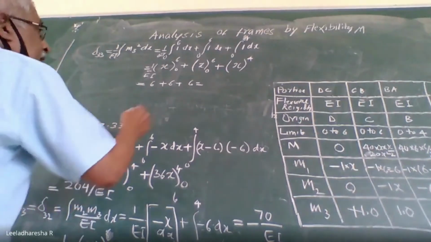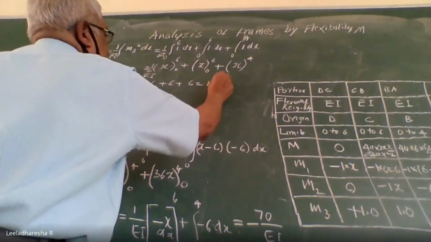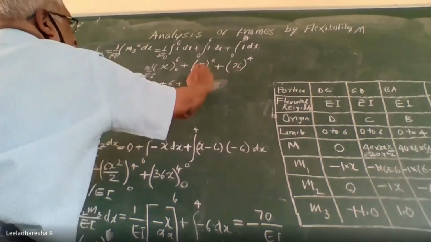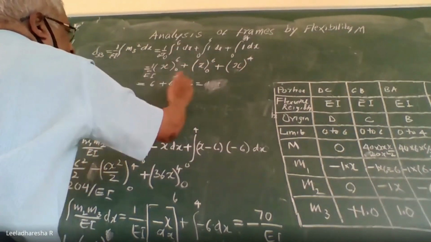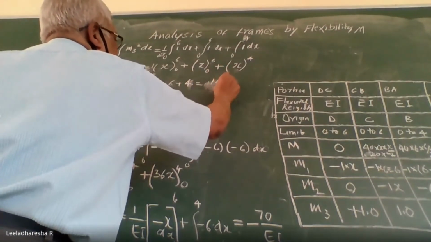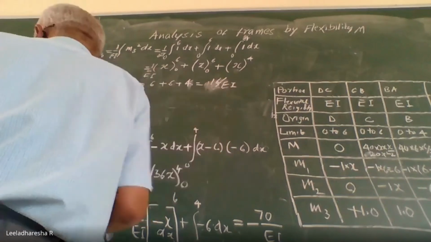Okay, it should be 18 by EI. Sorry, here it is only 4. 6 plus 6, 12 plus 4, it will be 16 divided by EI.